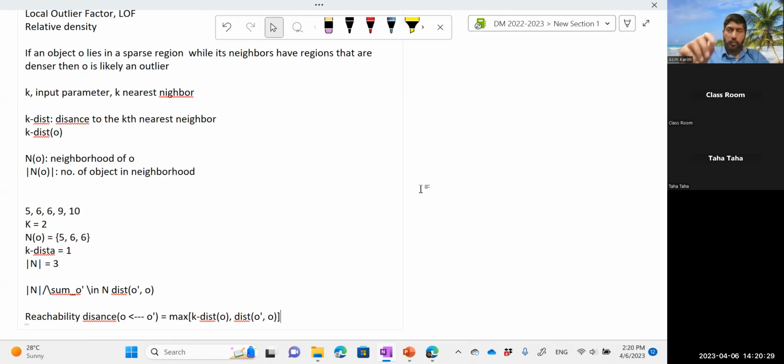So if an object O prime lies within the neighborhood of O, meaning that उसके neighborhood के अंदर O prime lie कर रहा है, तो हम उसका जो distance लेंगे वो reachability distance in this case would be the k distance of that neighborhood. And if that object lies outside the neighborhood, तो उसका actual distance लेंगे, max वो बनेगा.